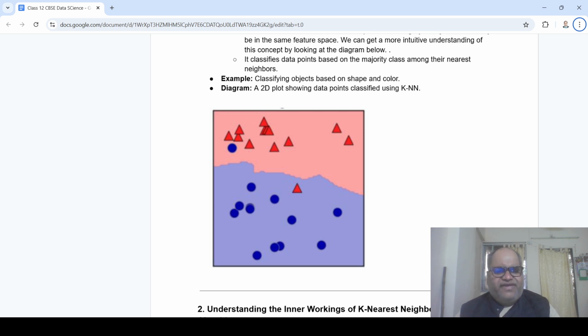In the case of k nearest neighbor here, you look at the color. You can assume a straight line somewhere between this blue circle and this triangle, and then you start calling anything that is up a triangle, and anything that is below that a circle.